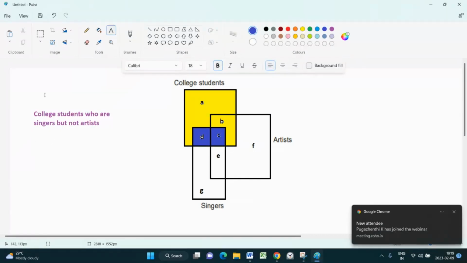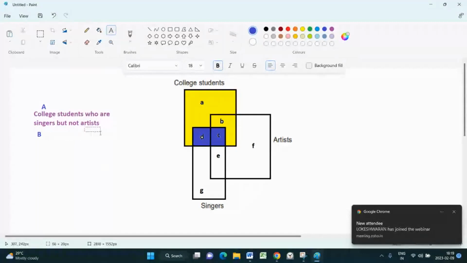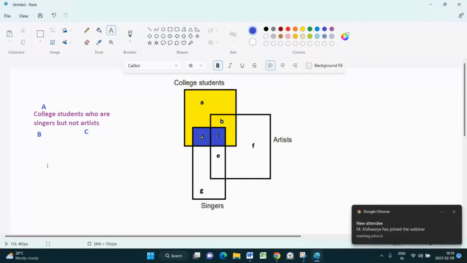If I consider college student as A, singer as B, artist as C. It's a capital letter, meaning it's a set. What am I looking for?